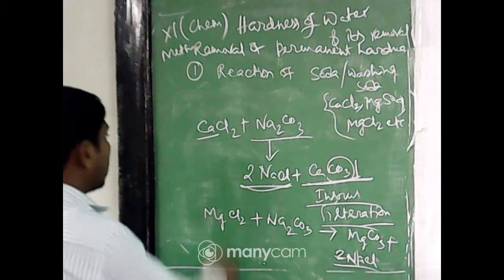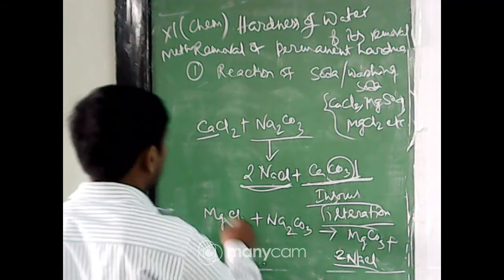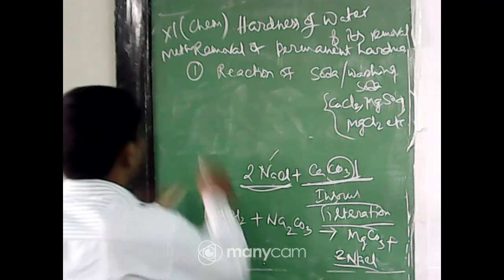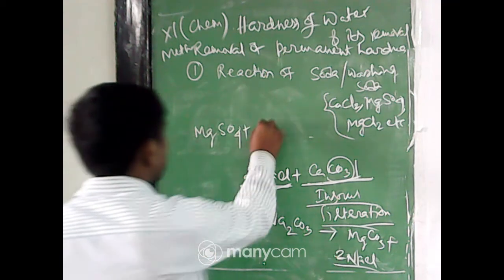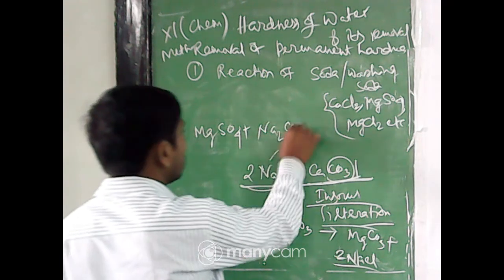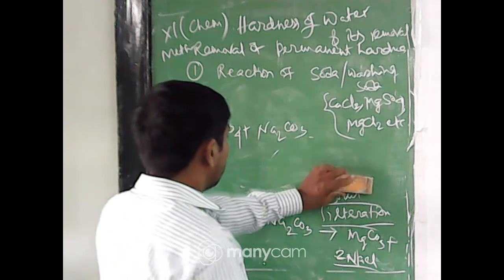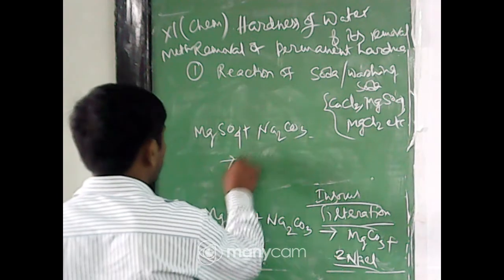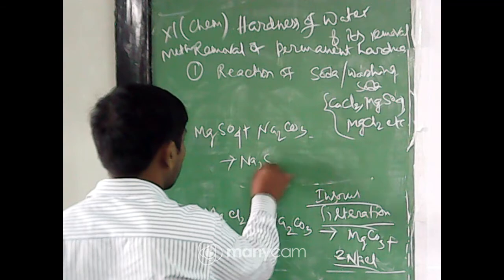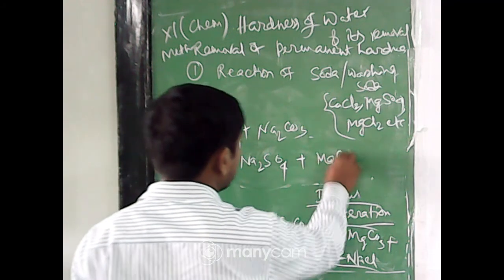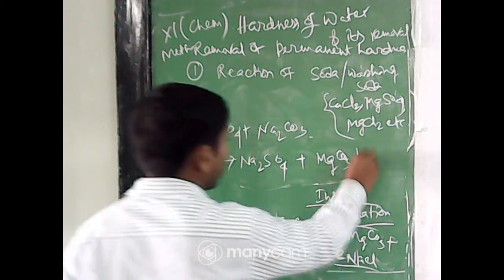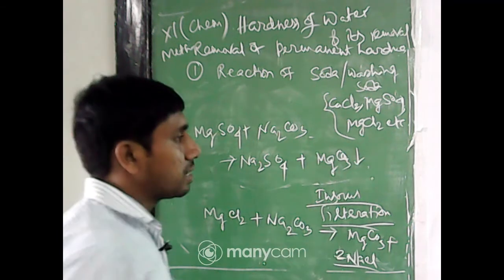If magnesium sulfate is present, plus sodium carbonate, again it will form sodium sulfate, which is soluble in water, and magnesium carbonate, which is insoluble in water. So again we can separate this out.